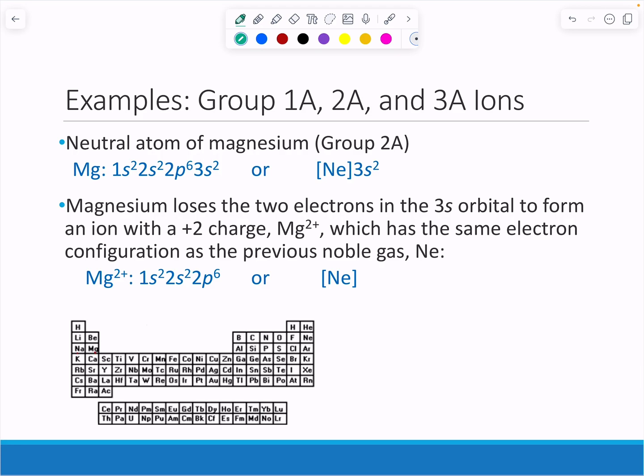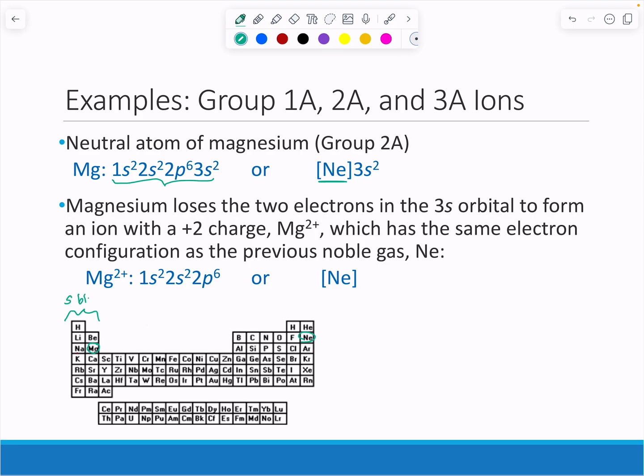So if we continue thinking about our cation formation, we can talk about the neutral atom of magnesium, which is in group 2A. And this is its electron configuration, or if we were writing magnesium in our noble gas notation, we would pick the noble gas that's in the row above it, neon, and then we would find out which block it's in.